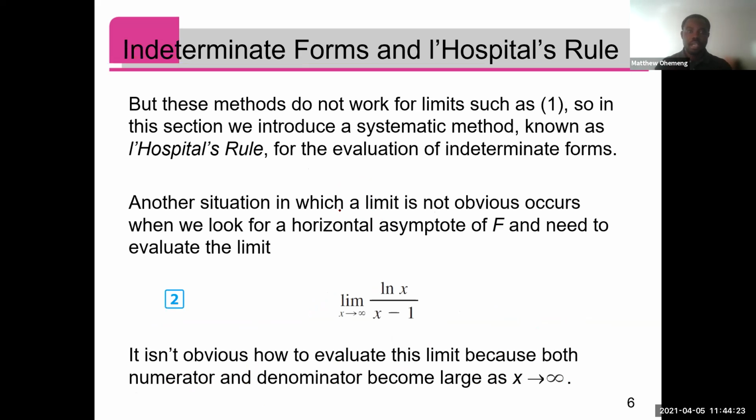Okay. Now, what about the other way? Let's try the limit as s approaches infinity of this same expression, ln of x over x minus 1. You remember that for limits at infinity, usually we divided by the greatest power of x in the denominator.